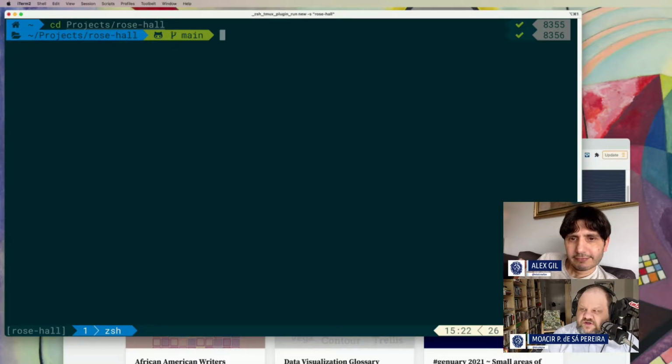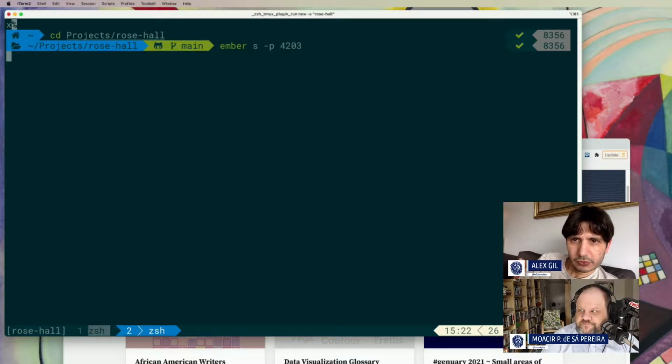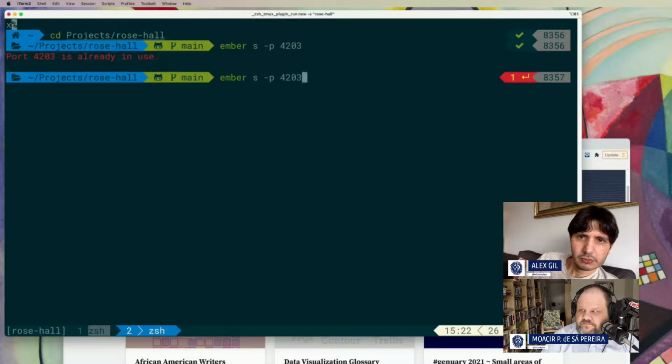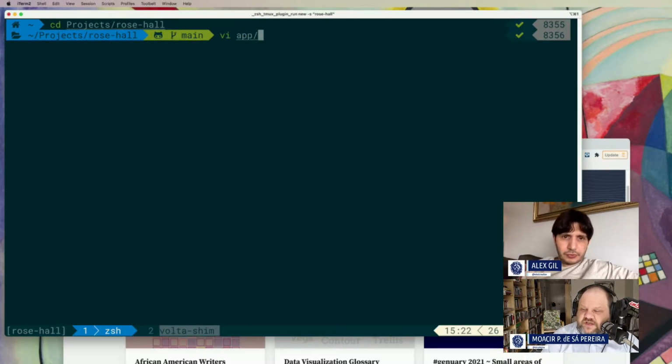Let's start a new window here. Okay, so the way I thought that we could go about doing this today is to just have one wedge.